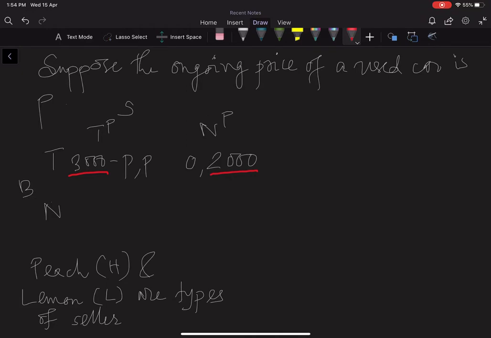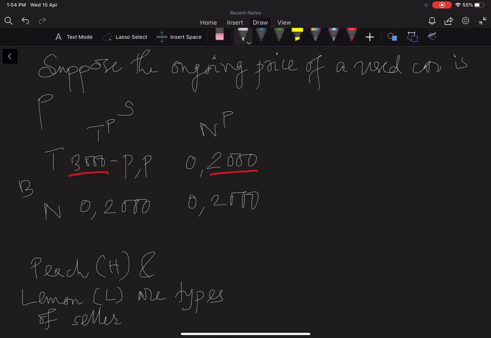Efficiency requires that the seller should sell the car to the buyer, because the buyer gets a higher payoff from the car than the seller. Now in all other cases there is no trade, so the payoff is the same: 0 and 2000. Okay, so this is the payoff matrix in case the car is of high quality, of quality peach.